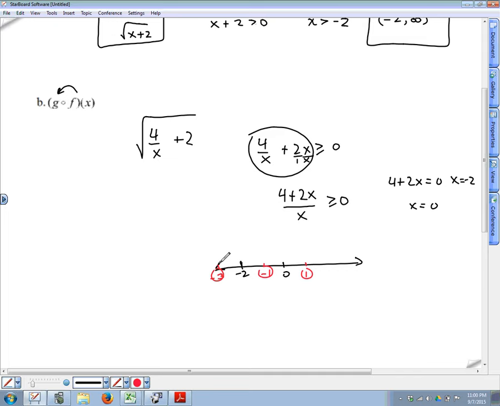So testing -3 first, plugged in -3 for both x's. 2 times -3 is -6. -6 plus 4 is -2. And then we would have had a -3. And the most important point here is not so much the value of the number, but whether it's positive or negative. A negative divided by a negative is a positive.